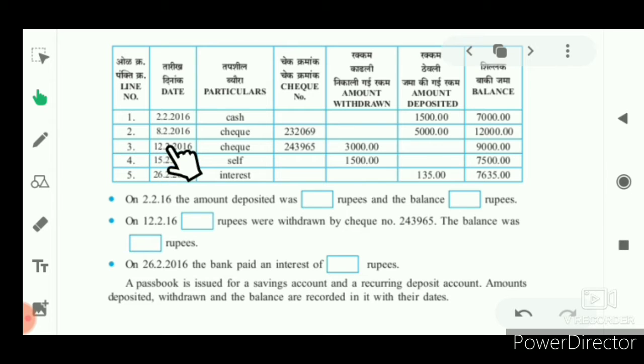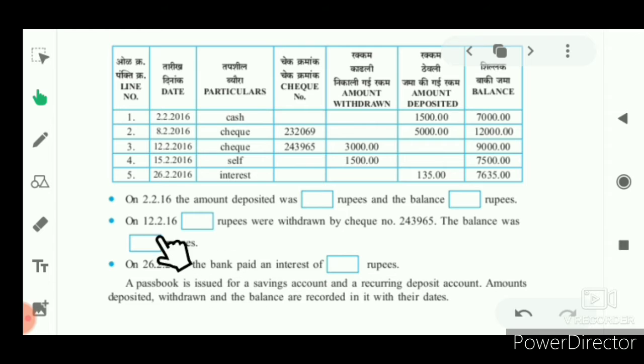Next, on the date 8 February 2016, a check number is given. Using this check, 5,000 is deposited, and the total balance is 12,000. So this is the general look of an ideal passbook.